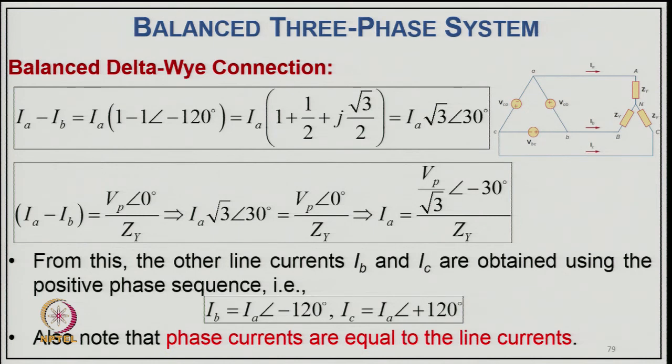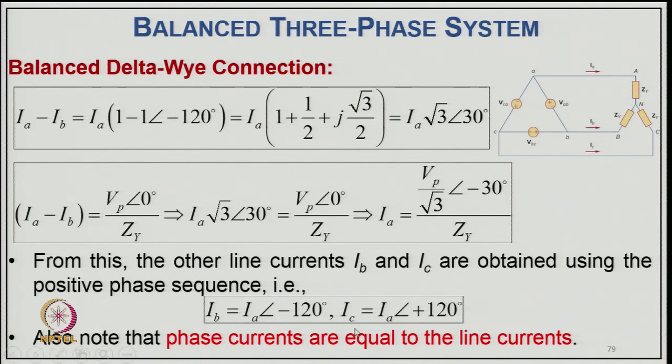Converting polar to rectangular coordinates, it becomes Ia into 1 plus 1 by 2 plus j root 3 by 2, that becomes Ia root 3 at the angle of 30 degree. Similarly, Ia minus Ib equals Vp upon Zy, so Ia root 3 at 30 degree equals Vp upon Zy, or Ia equal to Vp by root 3 Zy at the angle of minus 30 degree. From this, the other line currents Ib and Ic are also obtained using the positive sequence.